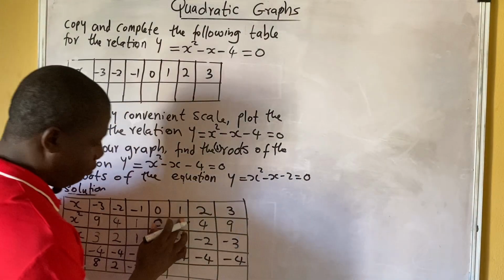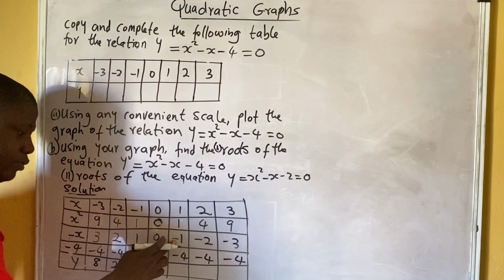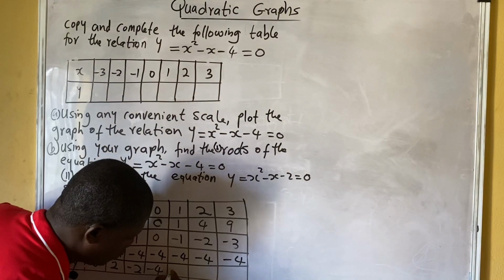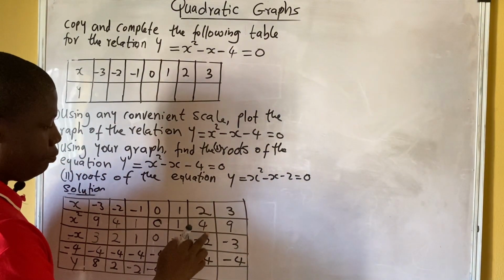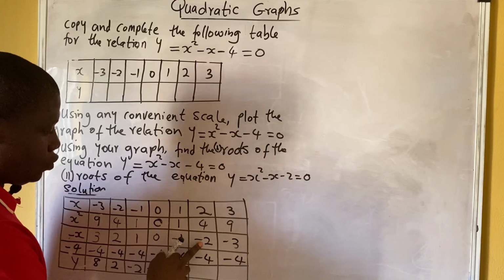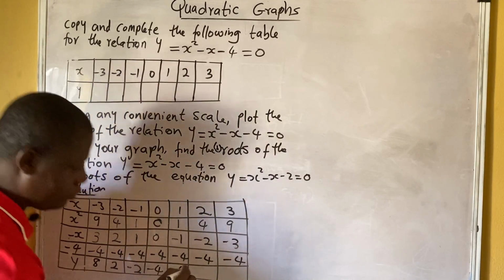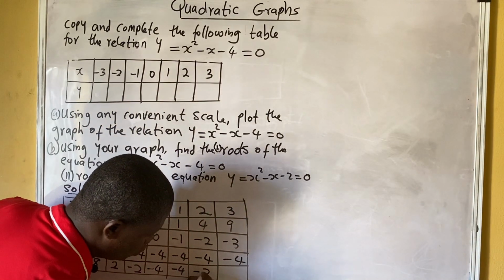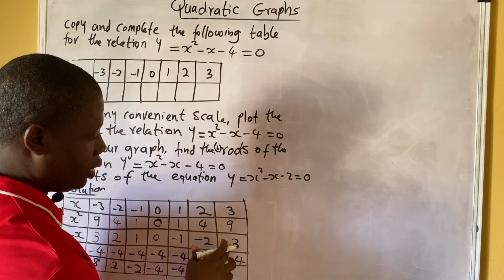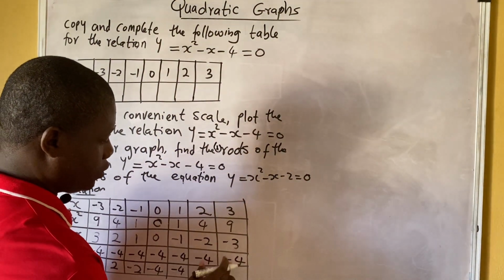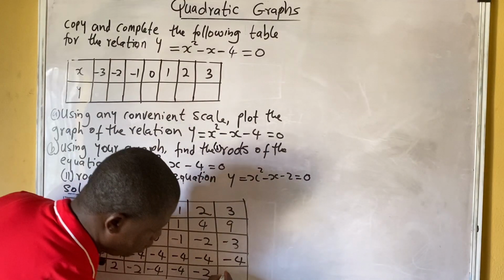Here we have 1 plus minus 1 is 0, then minus 4 is minus 4. Here we have 4 plus minus 2 is 2. 2 minus 4 will give us minus 2. Here we have 9 plus minus 3 will give us 6. 6 plus minus 4 will give us 2.